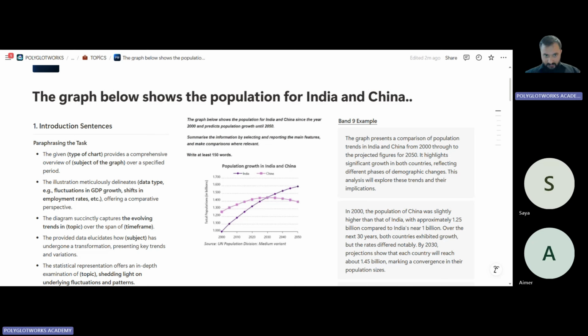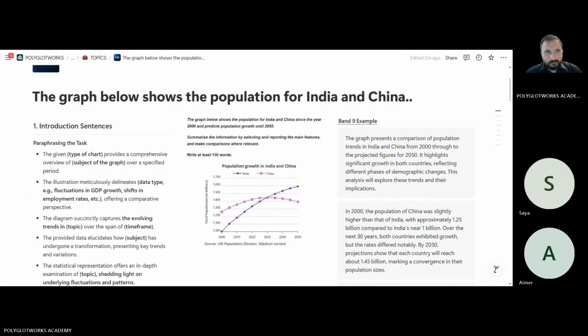So let's see how to write an intro. Aimer, do you have an idea for this line graph to write an intro? Can you read and can you tell me your own idea? I have an idea, but I don't think that is true.